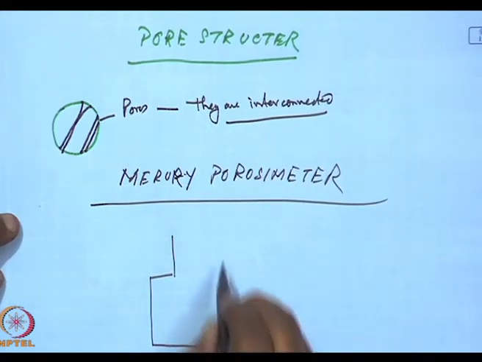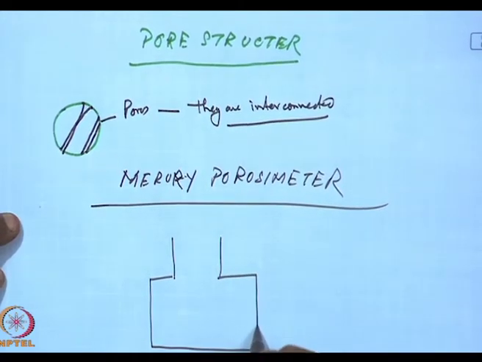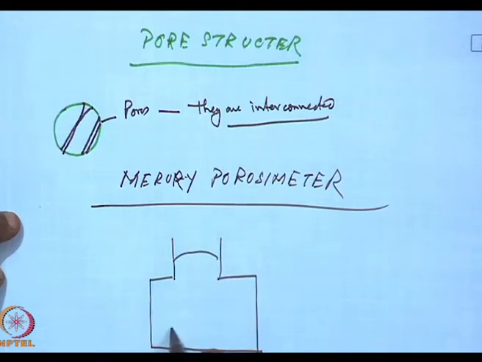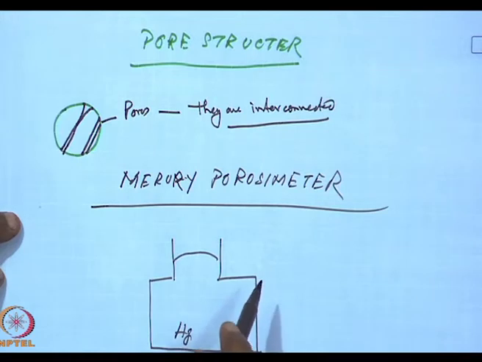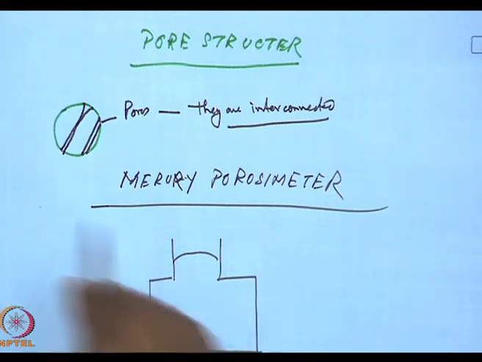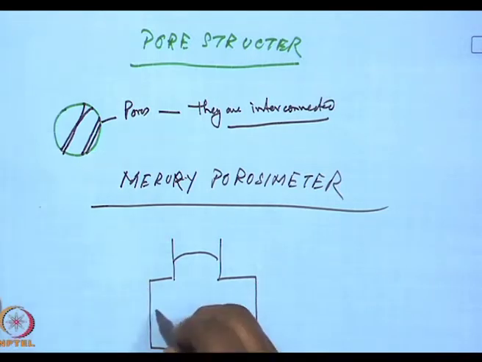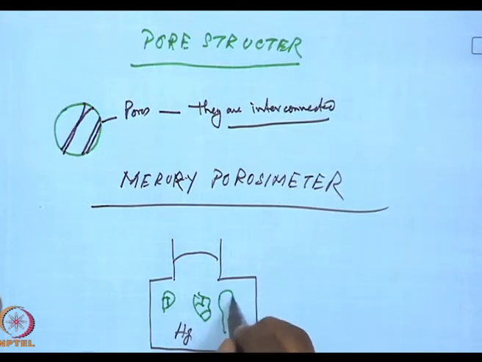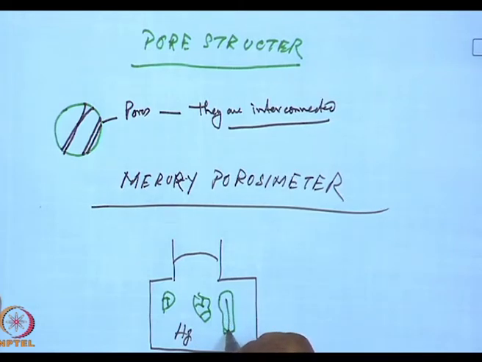There is a high pressure container which has got mercury in it, and porous samples.